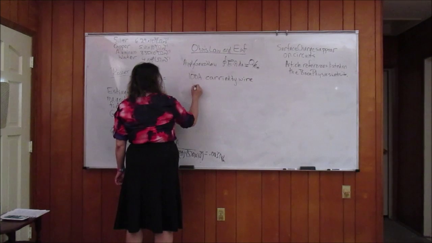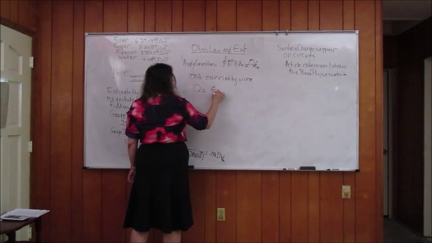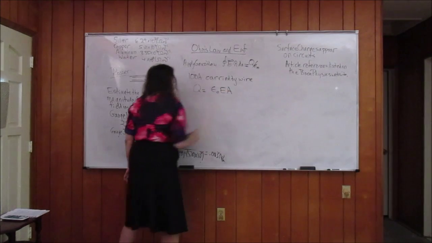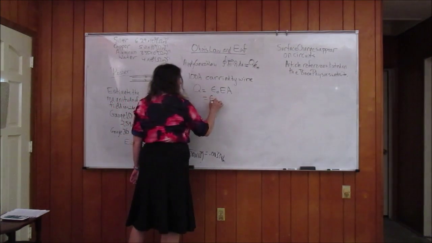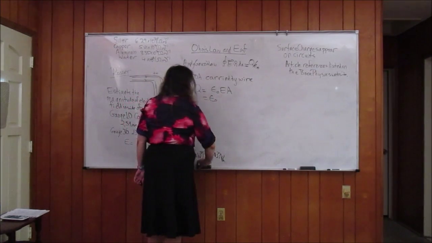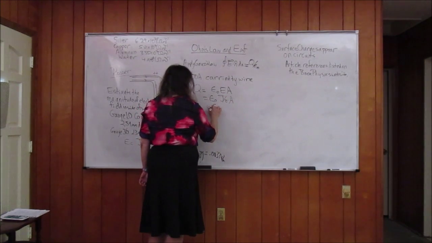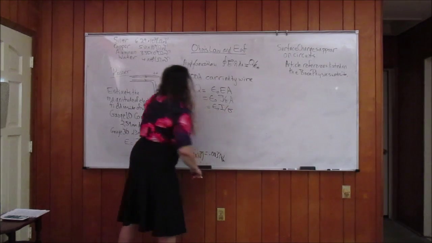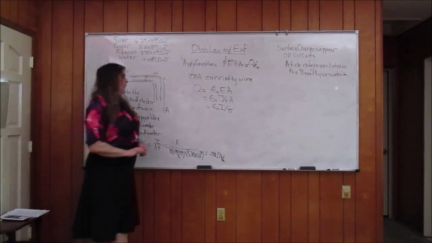So Q is equal to epsilon naught EA, and the electric field is equal to the volume current density over sigma, times A, and that's just equal to the permittivity of free space epsilon naught times the current over sigma.